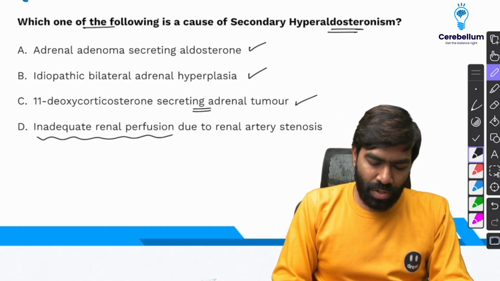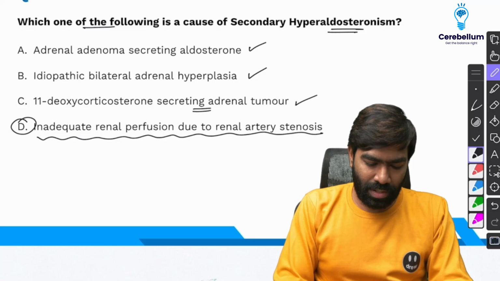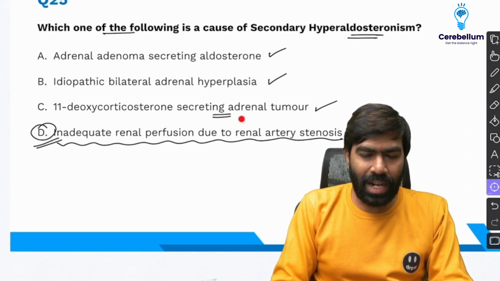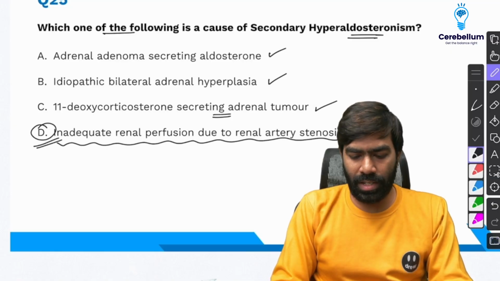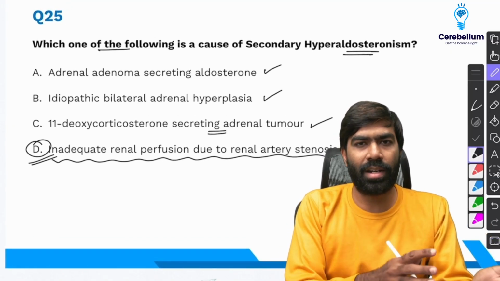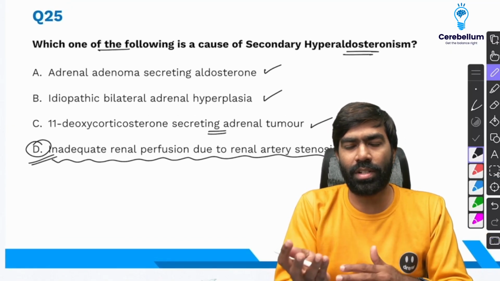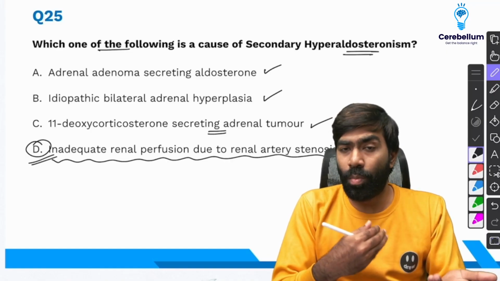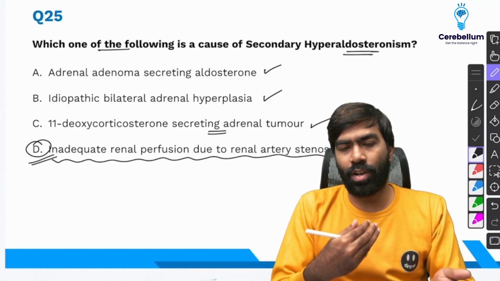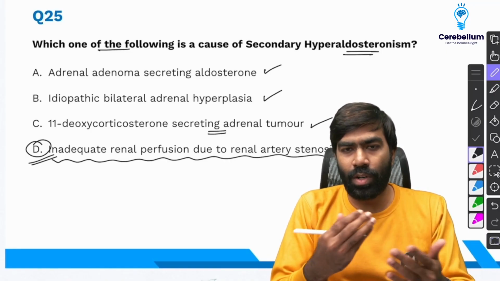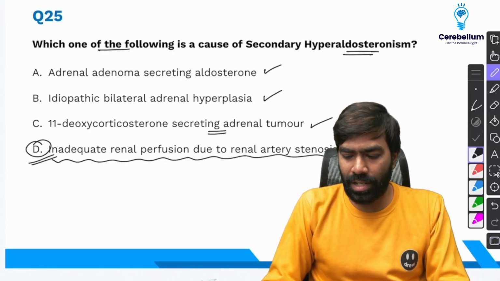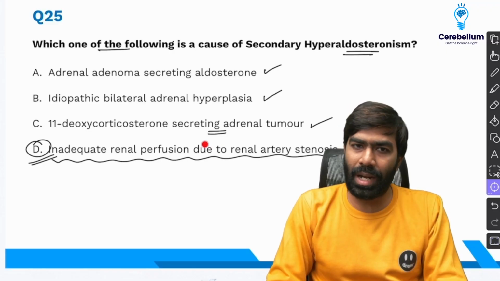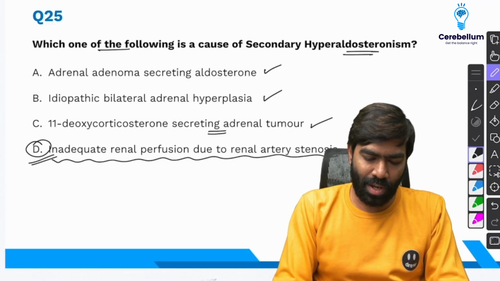Inadequate renal perfusion due to renal artery stenosis is a characteristic cause of secondary hyperaldosteronism. Because of reduced perfusion to the kidneys, there will be increased renin release, and that renin will activate angiotensin 2, and angiotensin 2 is going to act on the zona glomerulosa of the adrenal cortex via the AT2 receptors, and that's going to increase the aldosterone levels, and that is basically secondary hyperaldosteronism. The right answer for this question is option D.